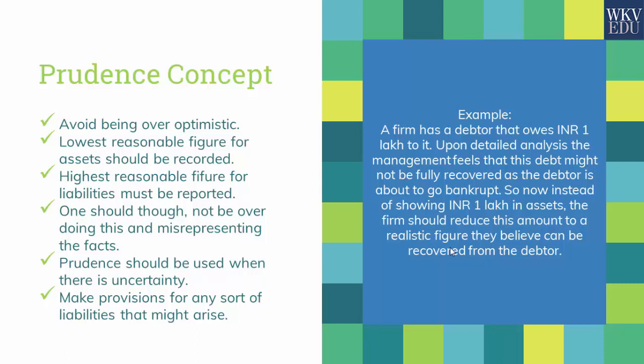So here there is an uncertainty associated with the debtor's bankruptcy. At the same time, there's an uncertainty about the amount that the debtor will be able to pay us or we will be able to recover from the debtor. In such a situation, we should quote the lowest reasonable figure. Since it's an asset for us, we should quote the lowest reasonable figure if we are following the concept of prudence.